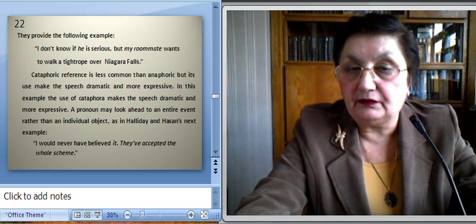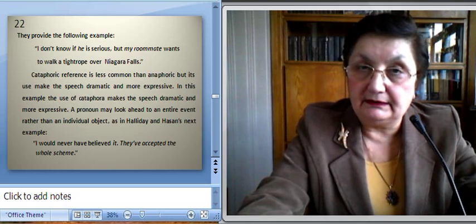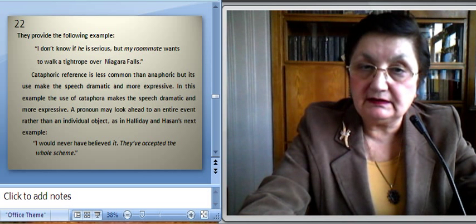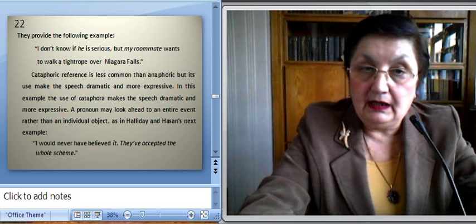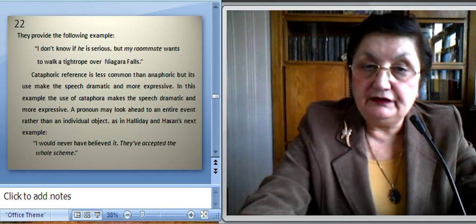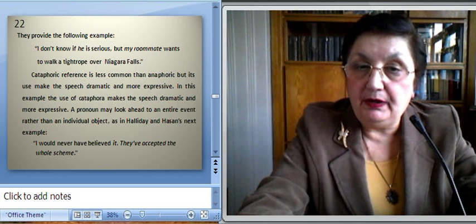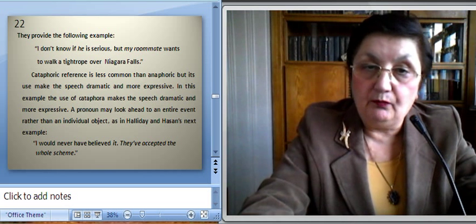A pronoun may look ahead to an entire event rather than an individual object, as in Halliday and Hasan's example. I would never have believed it. They have accepted the whole scheme.